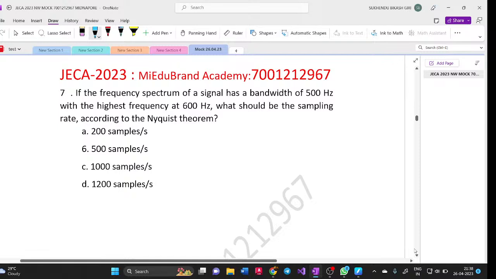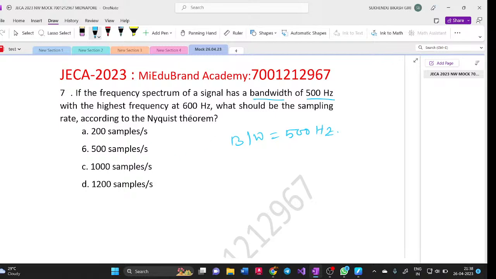Answer question 7. If the frequency spectrum of a signal has 500 Hz bandwidth, so what is the bandwidth? 500 Hz.